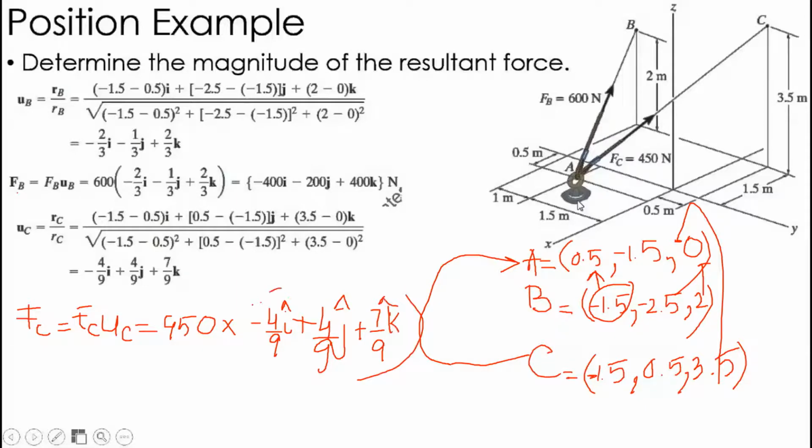Then you will get your force vector C in the form of ijk. And if you have to find the resultant force, you simply sum up F_R equals F_B plus F_C. So you will get your resultant force.